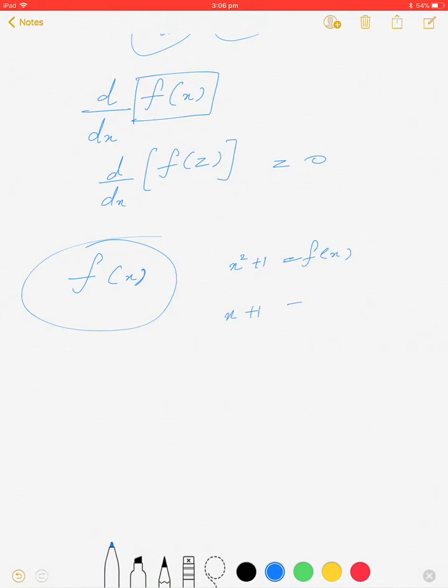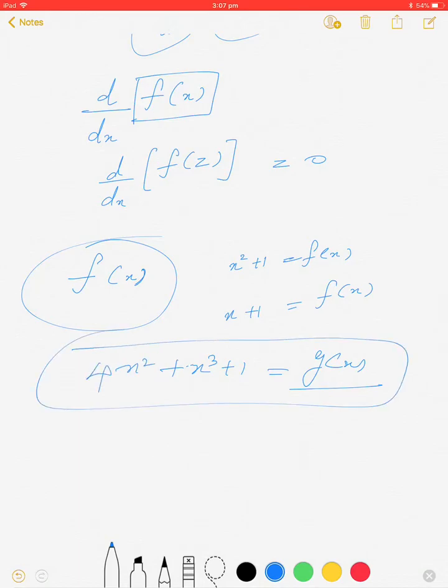X plus 1. Yes, it's a function of x. We can write not only f, we can write g of x. It is also a function of x. We can write x cube plus 1, or it is also a function of x. It consists of x and some constants.